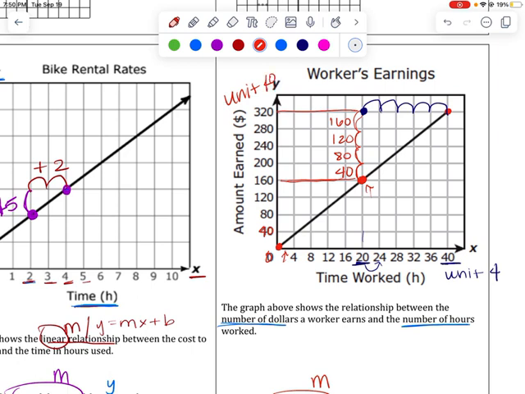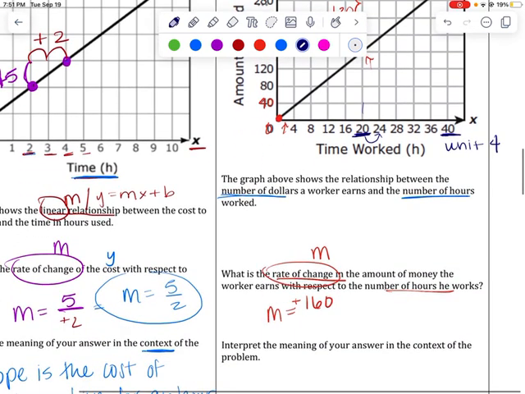They're increasing by 40s. So here, if once again, I can reasonably see that 20 to 40 is going to take me 20 more hours. Or I can start right here and say 4, 8, 12, 16, 20. So I moved over 20.